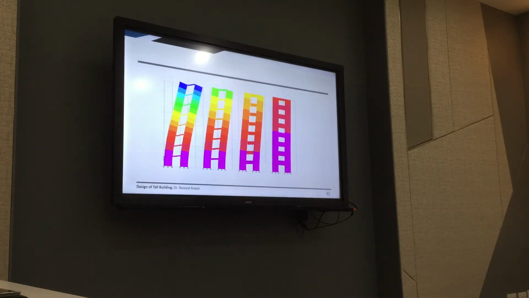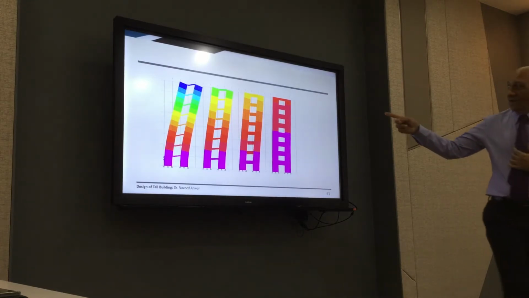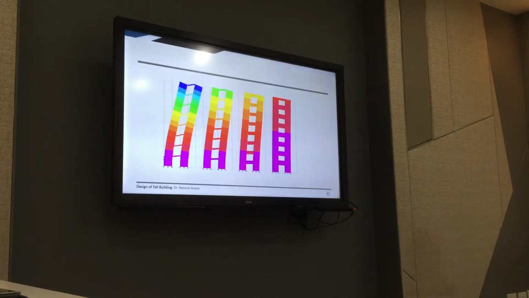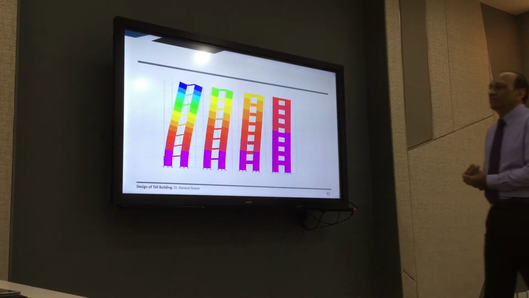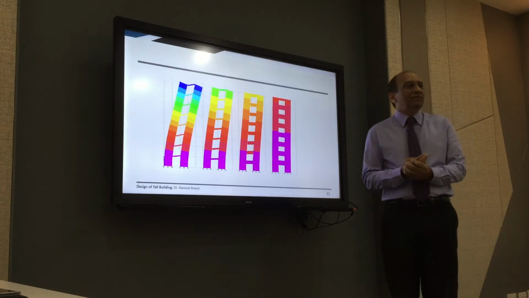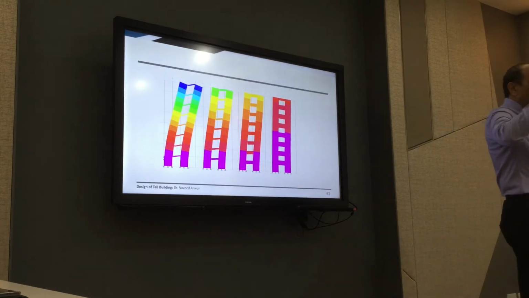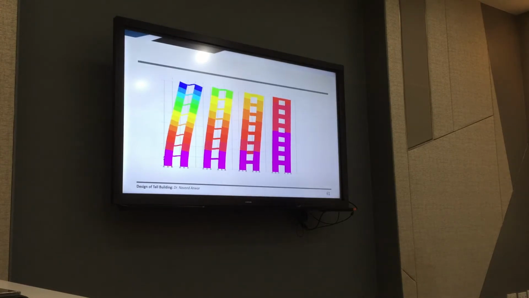Right? So we try to prevent brittle failure by allowing these to yield first before breaking. Then you will have a nice link beam which never breaks, at the same time carries loads as much as you want. And that is the way we design the link beams, to be ductile in bending in such a way that the bending capacity is always less than the shear capacity.